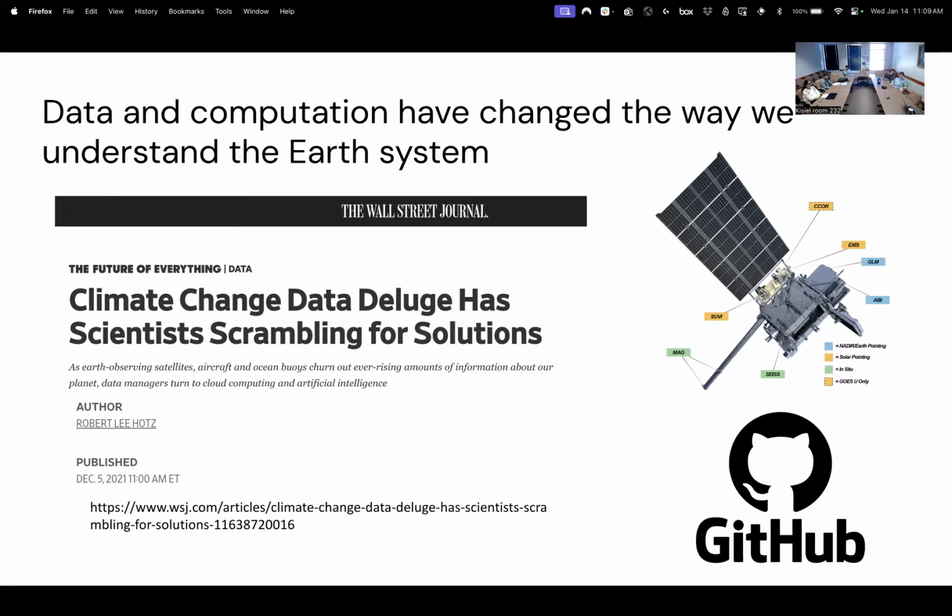We're working collaboratively on very large and complex code bases that either simulate or analyze the Earth system. And again, this idea of bringing rigor to the computation part, that's not just numerical methods, but also the data analysis part, the statistics, and bringing it all together into one spot.